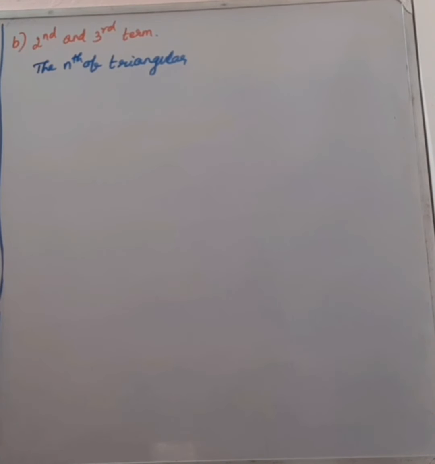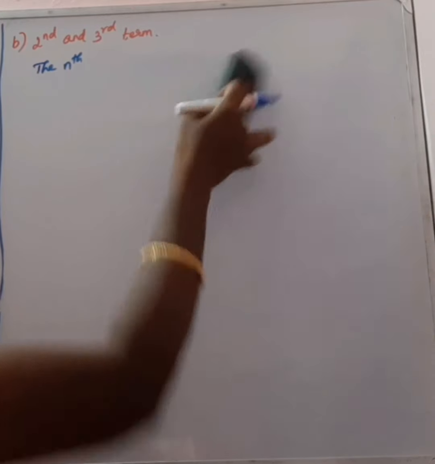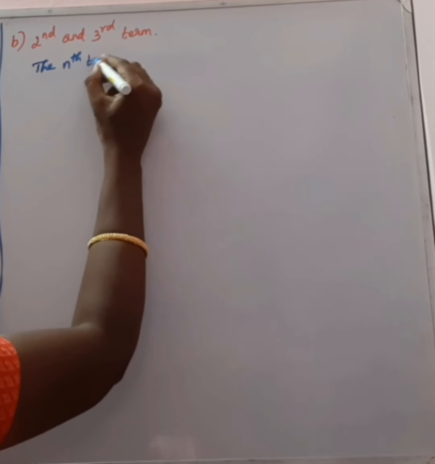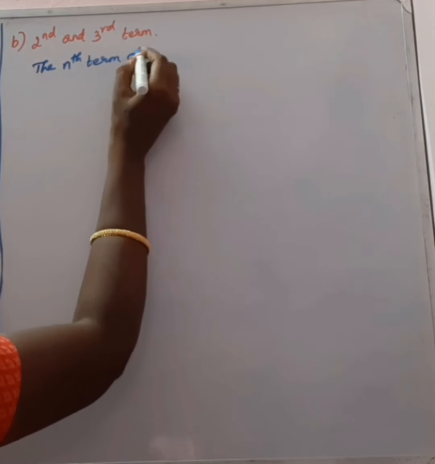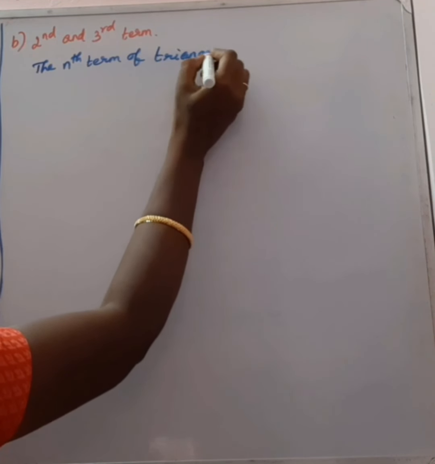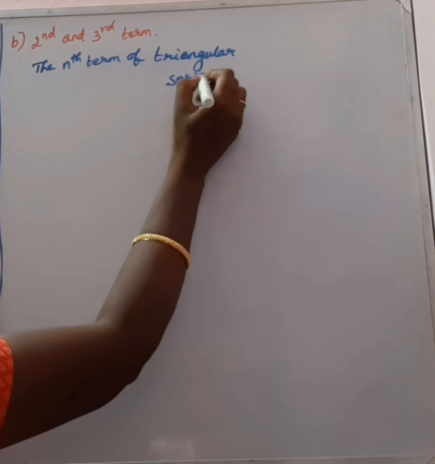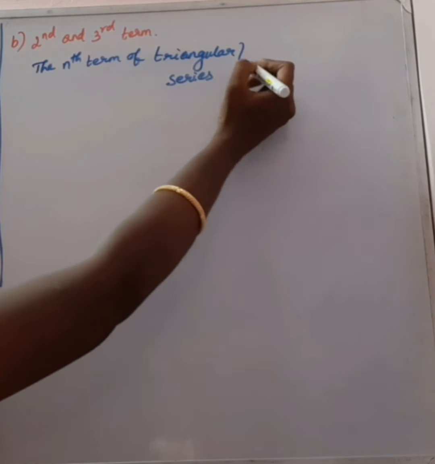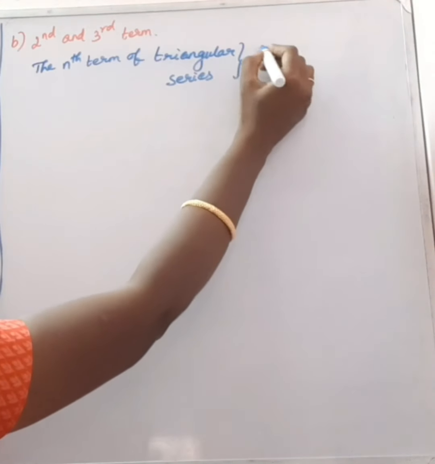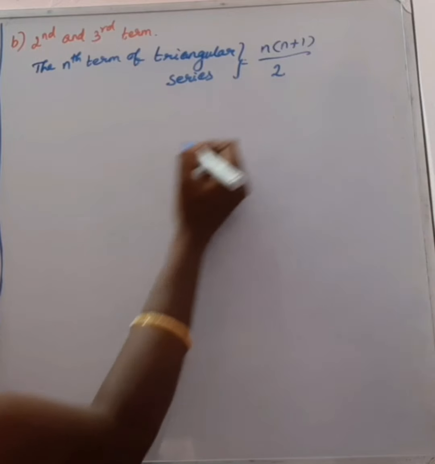So nth term of triangular series is equal to, what is the formula? n into n plus 1 by 2.